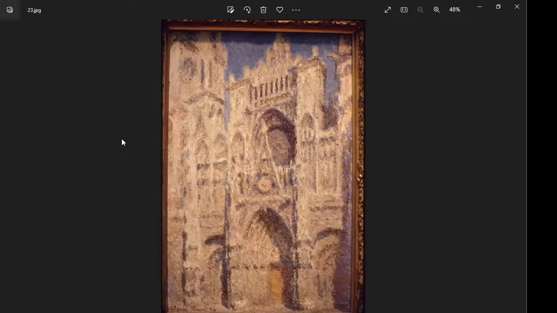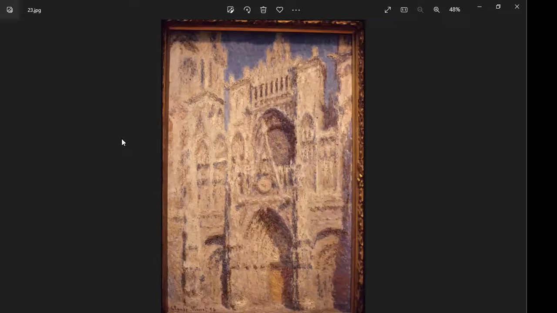You should have this in your notes in case it's on either the second midterm or the final. He called it his series paintings of the same scene, same perspective, same objects, in this case, just the front of a cathedral, right? At a different time of day, different time of year. So here's the other part, he subtitled this painting. So it's Rouen Cathedral Portal, okay.